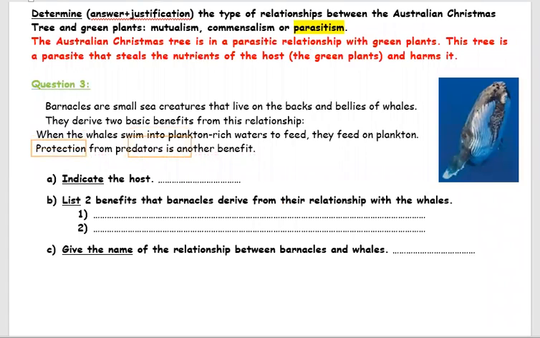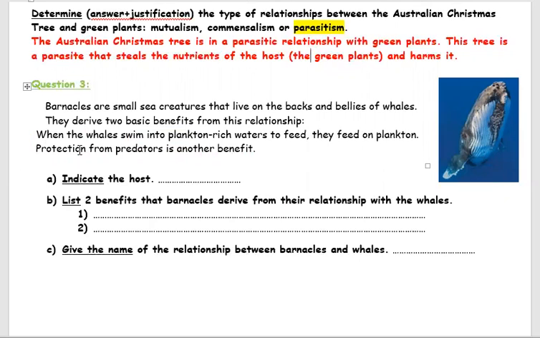Barnacles. Barnacles are small sea creatures that live on the backs and bellies of whales. They take two basic benefits from this relationship. When the whales swim into plankton-rich waters to feed, so when the whales go to waters rich in food, the barnacles feed on plankton and they get protected from predators.